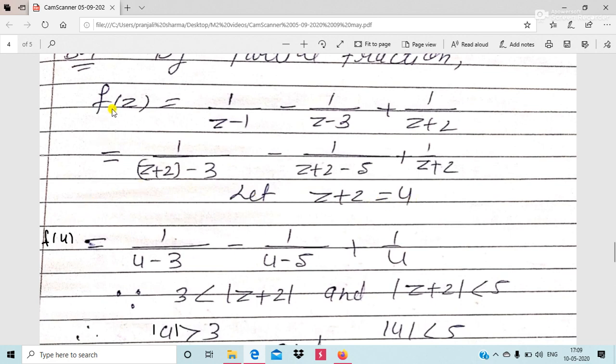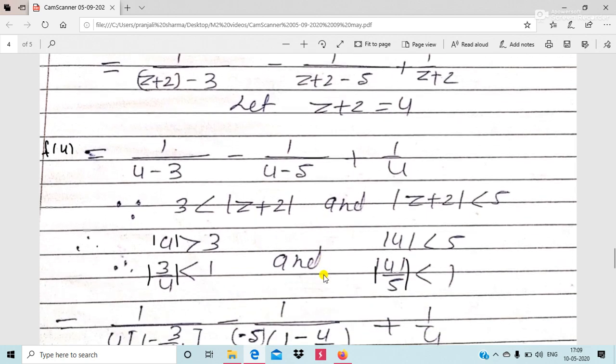So f of z will be transformed to f of u, which is 1 upon u minus 3 minus 1 upon u minus 5 plus 1 upon u.